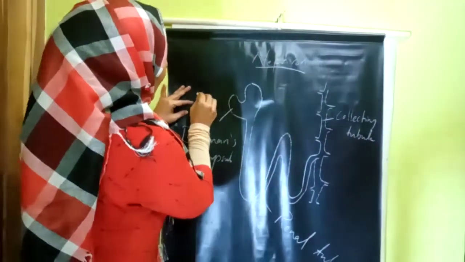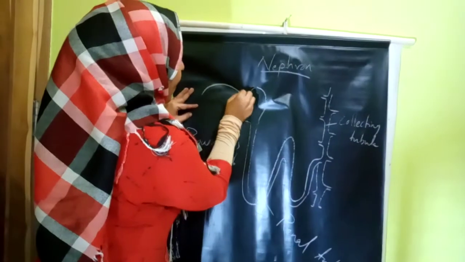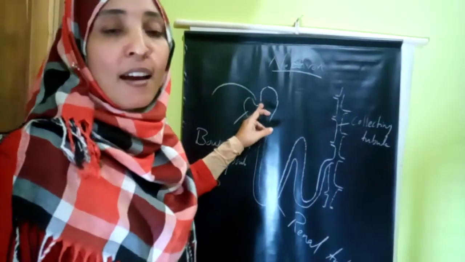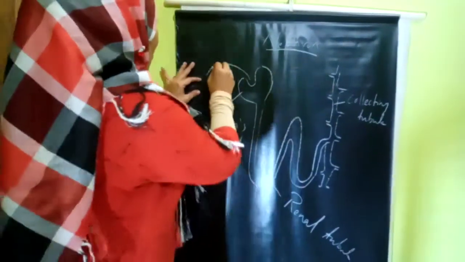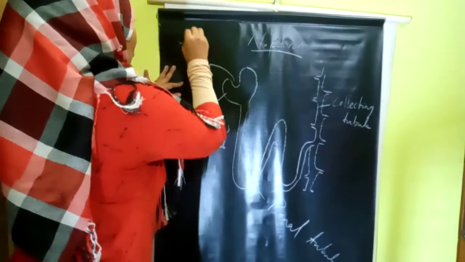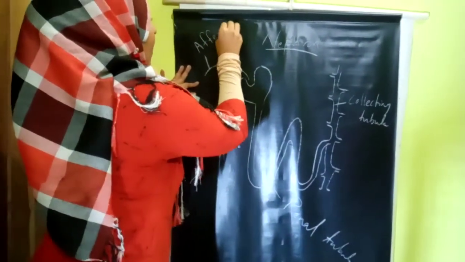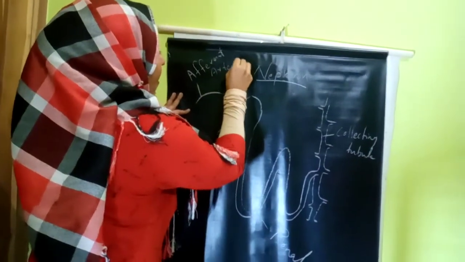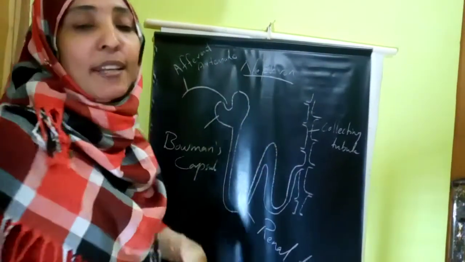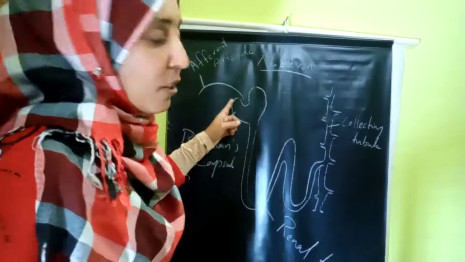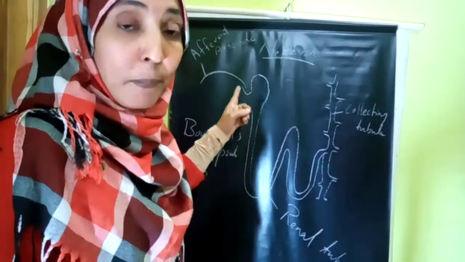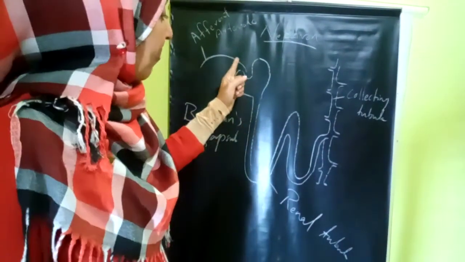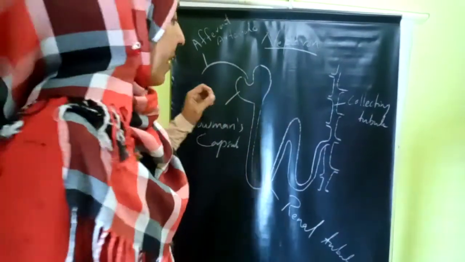The branch of the renal artery which enters the Bowman's capsule is called the afferent arteriole.